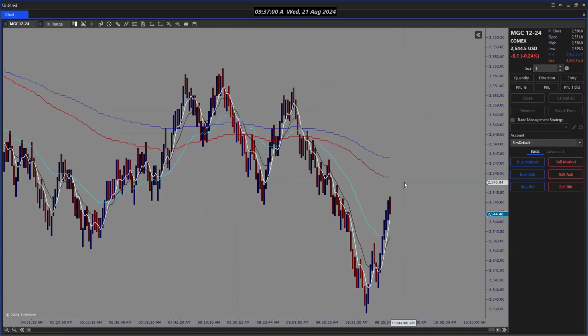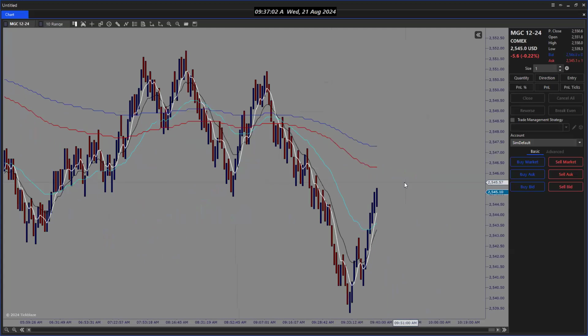So we'll see how gold responds up here, but we're going to be watching this for a potential trade here. Not really worried about watching NQ and 2K yet because we're still before 9:45.